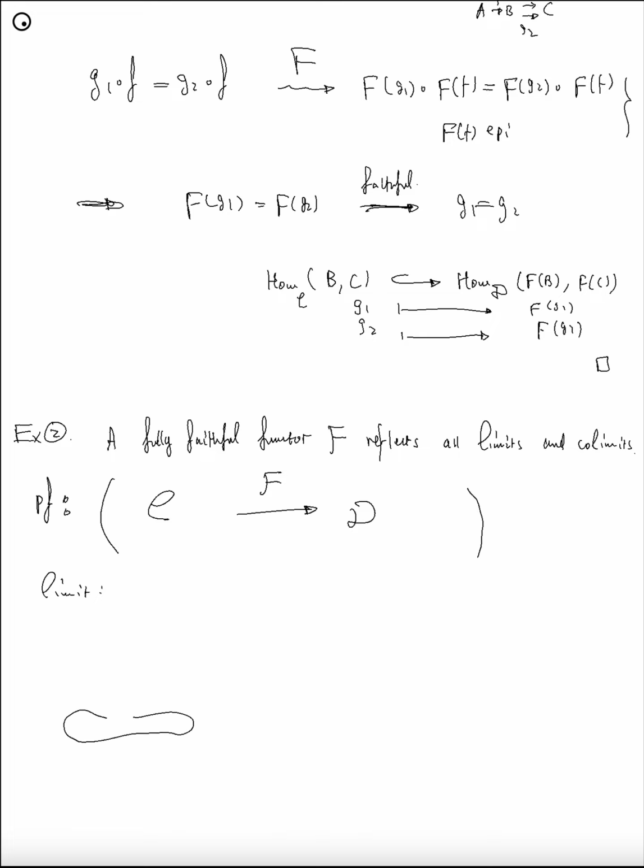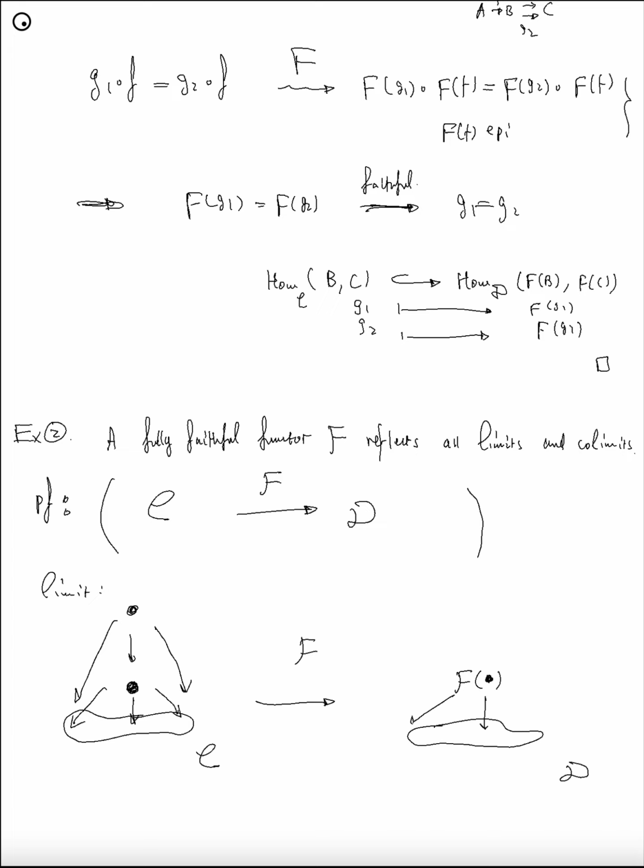You have a diagram, you have a universal cone, right? And then you actually start with a cone and you don't know if this is universal or not. Then you apply your f, and you get f of this. So this is in C, this is in D. This again gives you a cone by a commutative diagram. Suppose you know that this is a universal cone now.